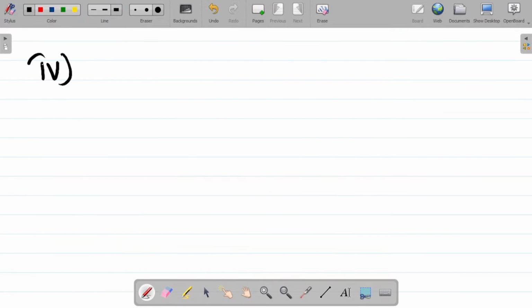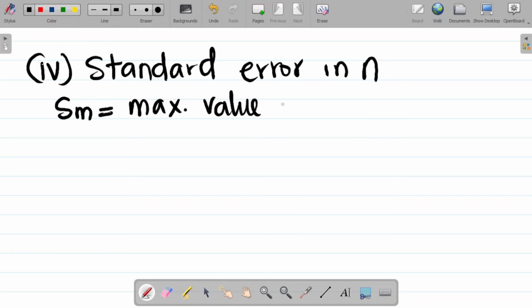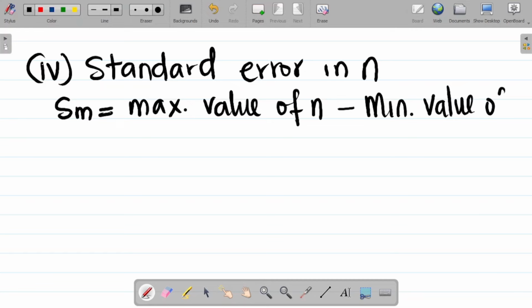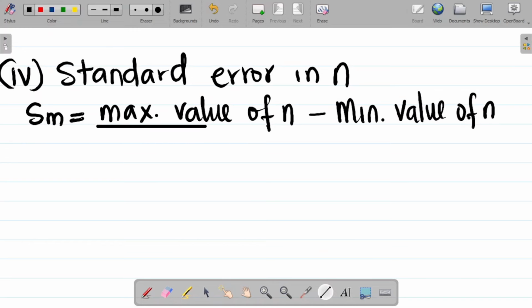The formula is that the standard error in N, by the way your abbreviation is SE, is equal to the maximum value of N minus the minimum value of N, all divided by N.